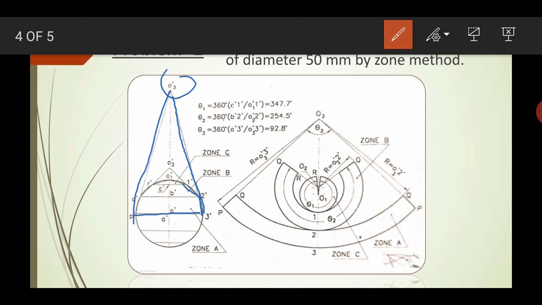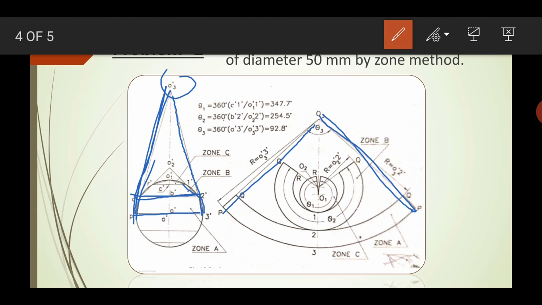So for the first zone, the cone will be there. Only this part is available, but we will draw it as a complete cone.